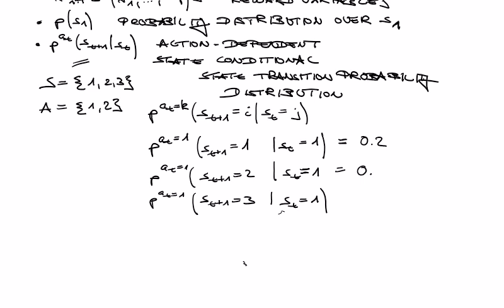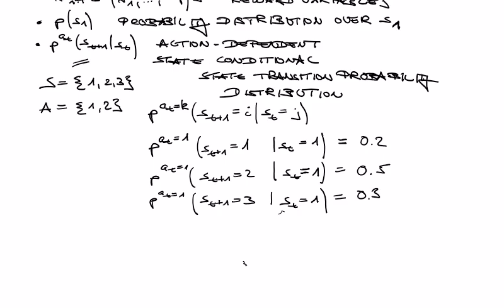The probability that the state at t plus 1 is 2, given the state at t is 1 and the action at t is 1, is 0.5. And hence, the probability that s t plus 1 equals 3 given s t is 1 and a t is 1 is 0.3.